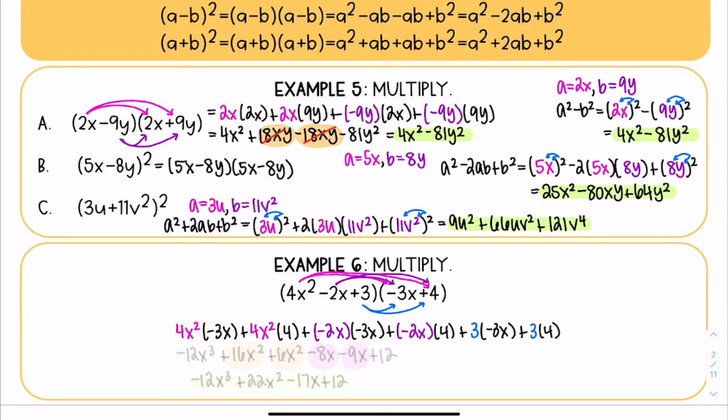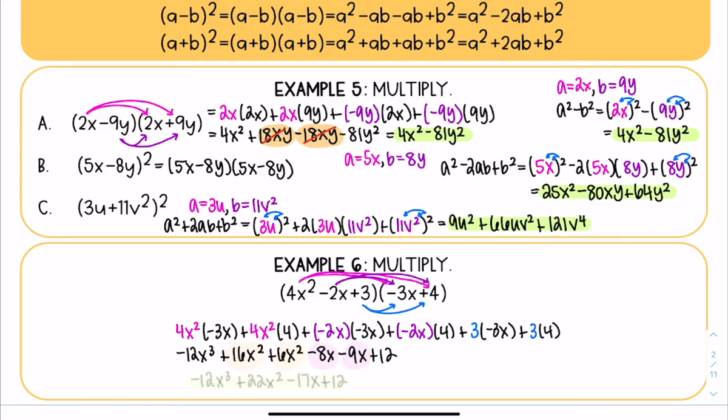And so we want to multiply this out and combine like terms if possible. So we end up with negative 12x cubed plus 16x squared plus 6x squared minus 8x minus 9x plus 12.